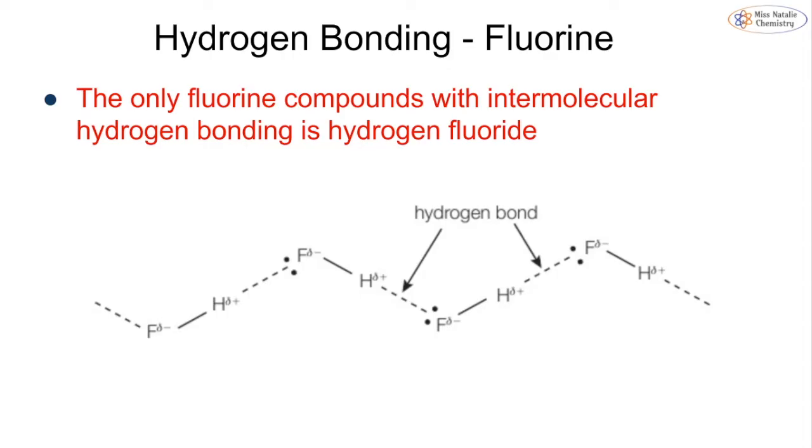So hydrogen fluoride is the only example here. And you can see again, we've got this 180 degree bond forming here. And it is the delta negative of the fluorine being attracted to the delta positive of the hydrogen.